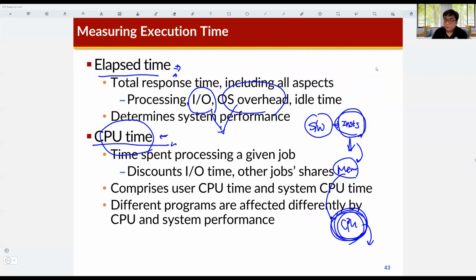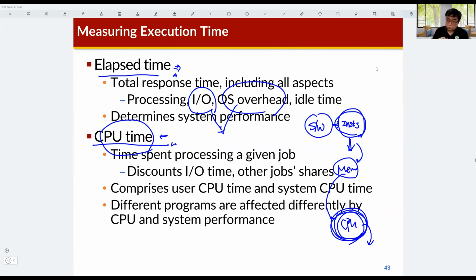And then we learned that we will focus on CPU time, not the entire elapsed time, because I said the computer system is very complex. If we just measure the entire software execution time under our normal computer system, then it will include various types of overhead and I/O time, and some other impacts.